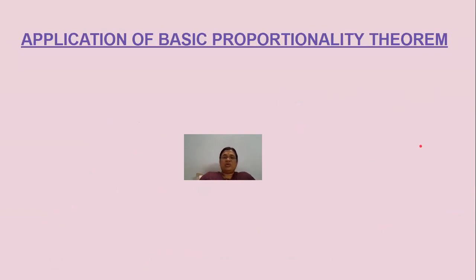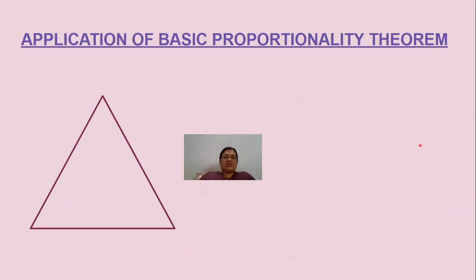And one more problem I'll explain. See here, this is also a triangle with the line PQ parallel to BC. All the values are given: AP, PB, AQ, and QC also. He may ask you a question like you have to verify whether this one is similar or not.